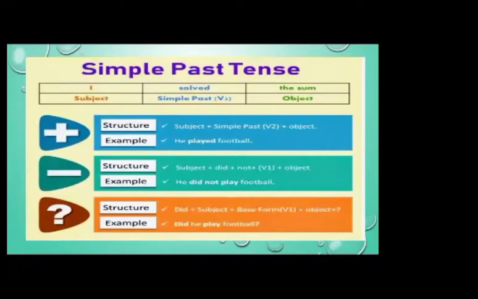Now here we are using the first form of verb because did, which is an auxiliary verb or a helping verb, is already in the past. So we will use the verb first form because it's indicating the past tense here. So we use the base form of the verb, that is the verb's first form. He did not play football.